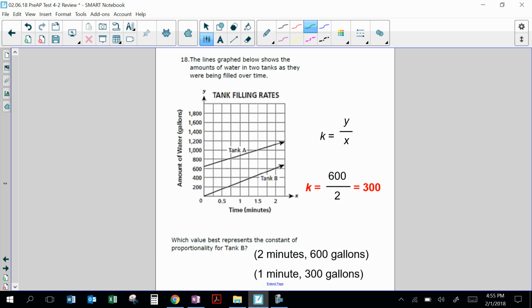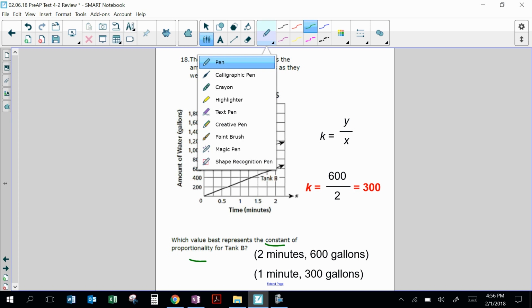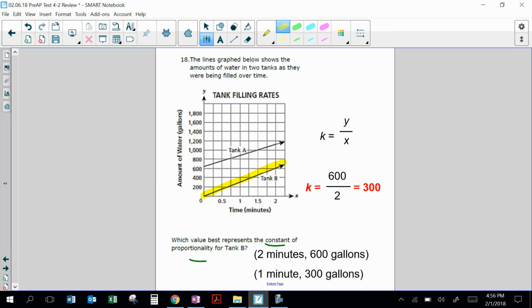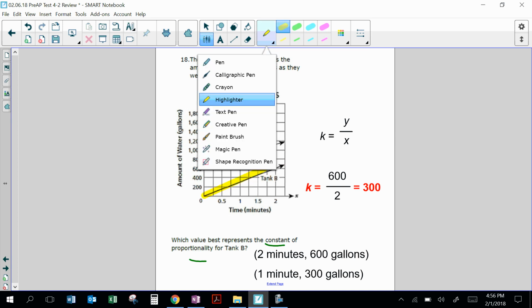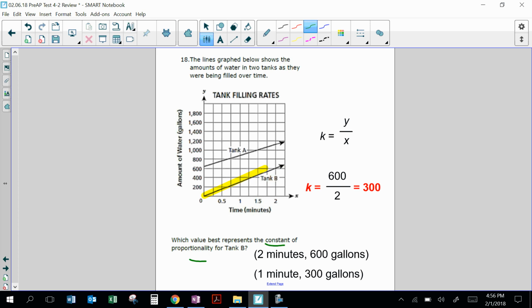18. Find the constant of proportionality for tank B. Let me highlight tank B. Let's find the constant of proportionality. Again, do not memorize this. You all received a pink paper taped to page 3 of your ISN. So let's replace the y and the x-axis with actual numbers.